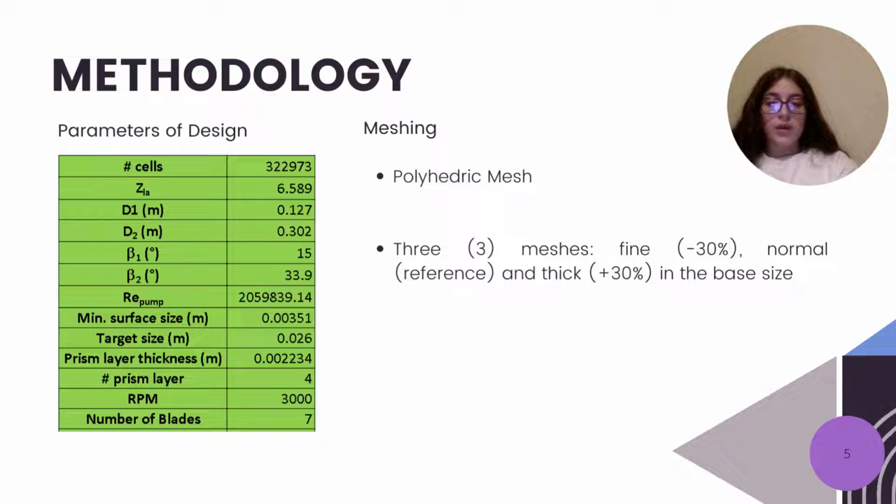The most important design parameters are shown right now on the screen. For the meshing, we used a polyhedral mesh, and the transition of the growth of the cells was with 3 meshes: the fine, the normal, and the thick in the base size.